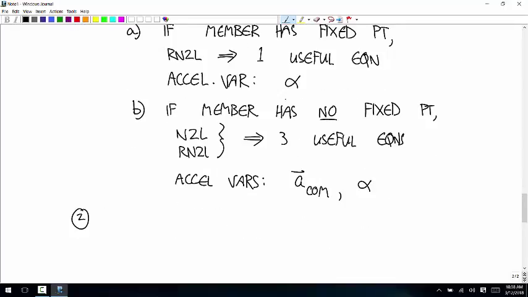Step 2, at each joint that's not fixed ground.